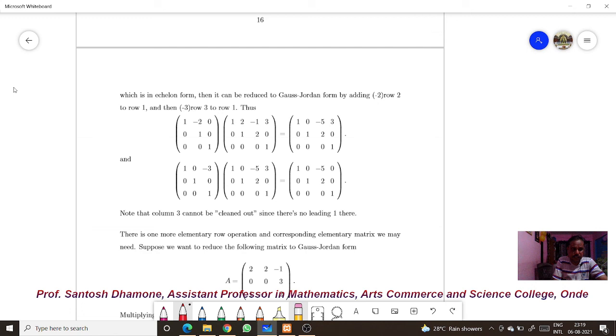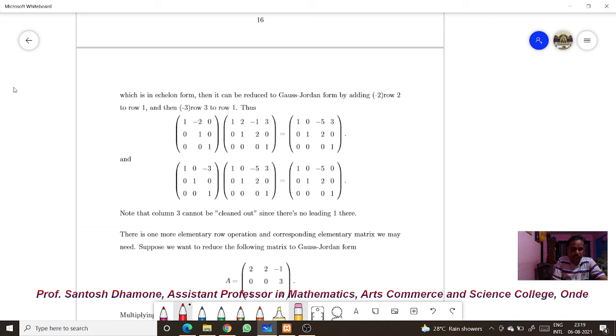A is equal to matrix 2 2 minus 1 0 0 3 1 minus 1 2. Multiplying row 1 by 1 half and then adding minus row 1 to row 3 leads to E2 E1 A is equal to a matrix like this.